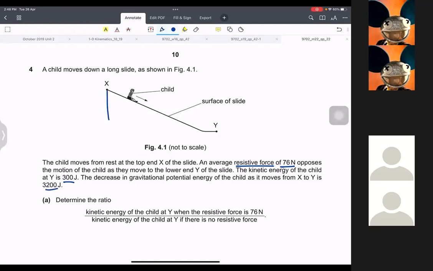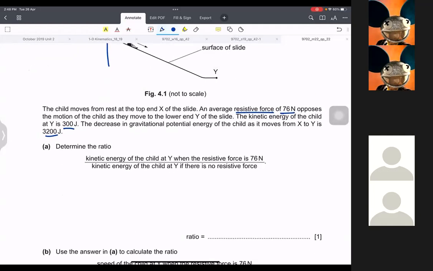Determine the ratio of kinetic energy of the child at Y to the kinetic energy if there was no resistive force. So if there was no resistive force, it would completely convert the whole. So 300, because now there's a resistive force, over 3200 completely.